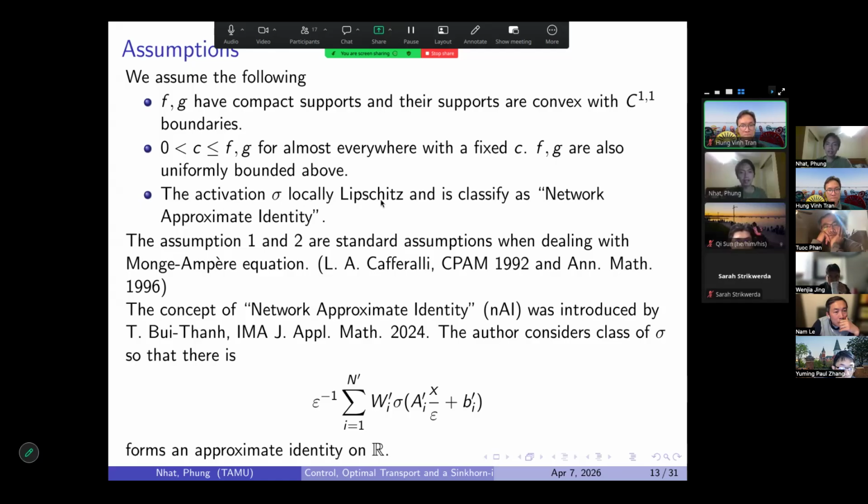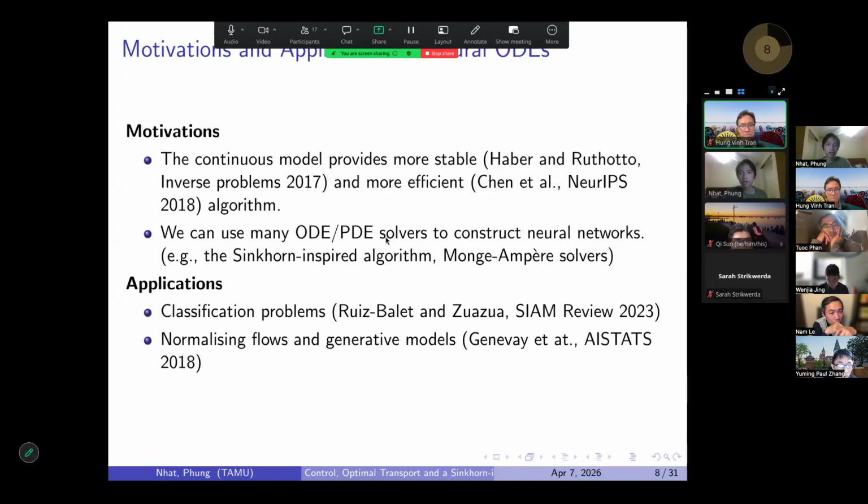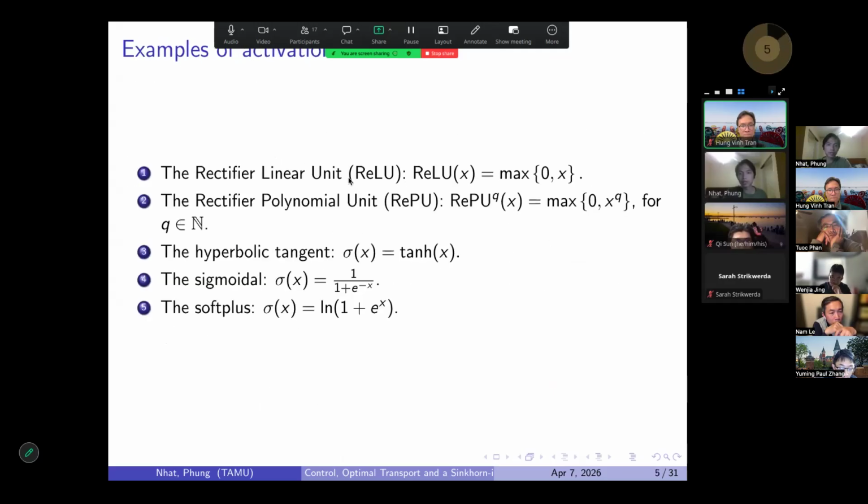The activation function, as I mentioned earlier, we can actually use a lot of activation functions. As I mentioned, all of these we can include.